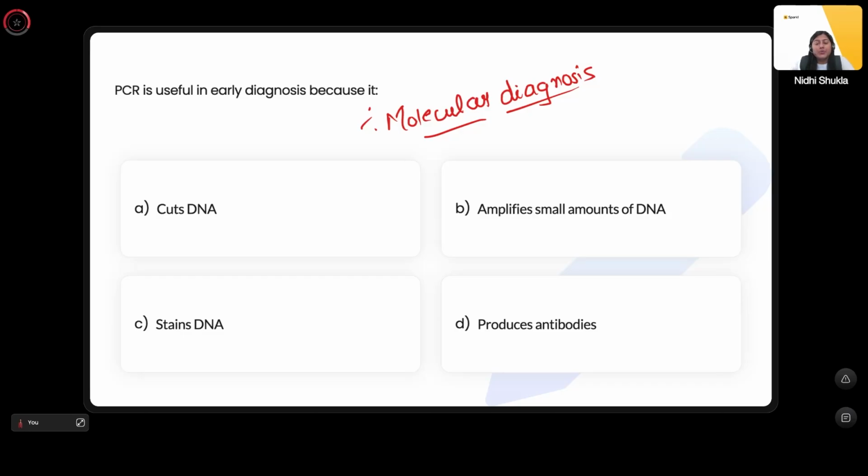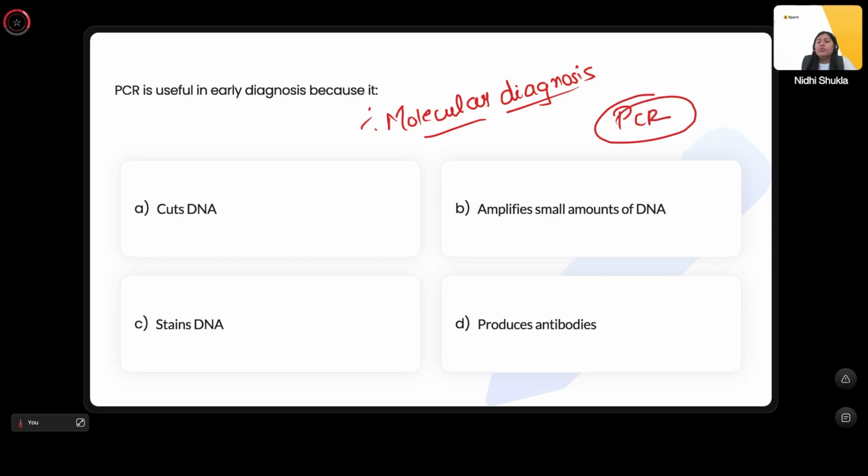You can test urine, you can test blood, but those conventional methods are usually not preferred. Why? Because they take their sweet time, an ample amount of time, to diagnose a disease. But if you want a disease to be detected at a very early stage, then you are going to prefer PCR.